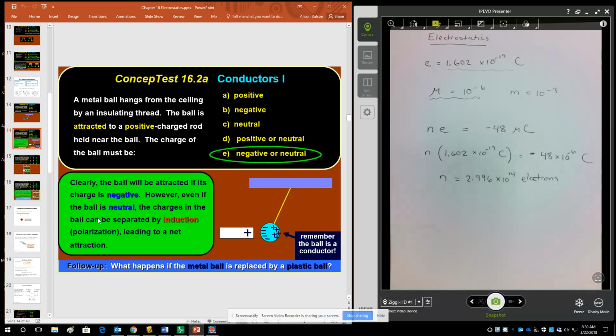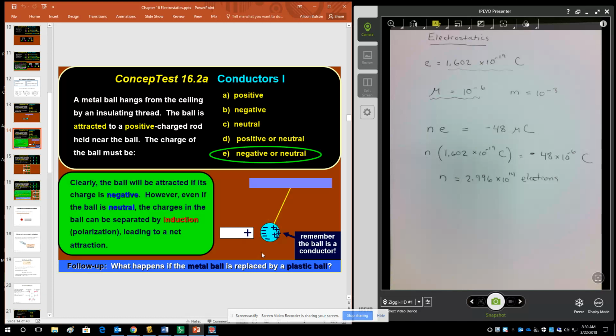However, since charges can exert forces on each other and like charges repel and opposite charges attract, and because the ball is a conductor, if I bring a positively charged object close to this conductive ball, that positive charge is going to pull on those free to move electrons in the outer valence level of the metal.